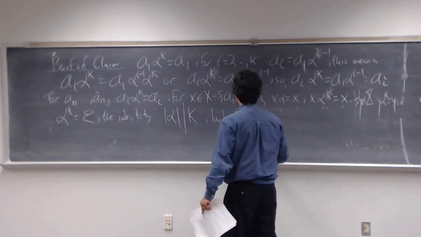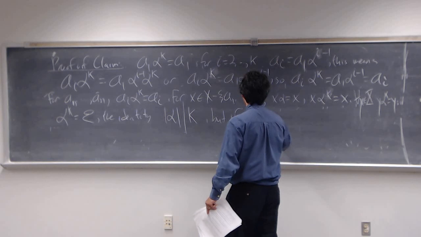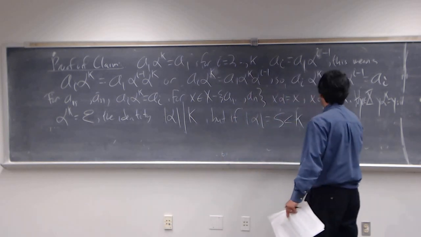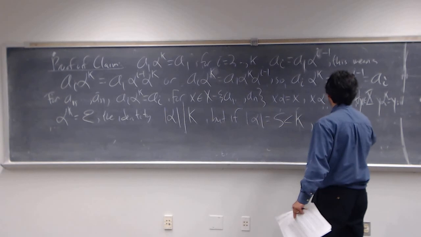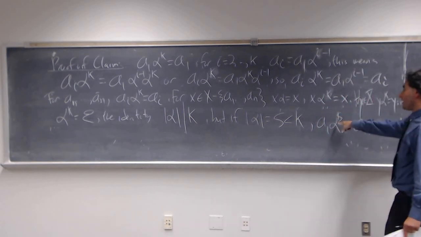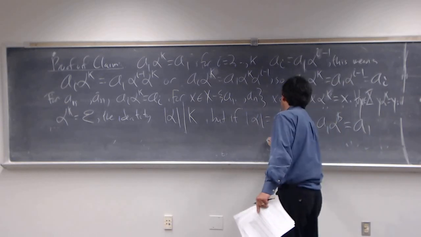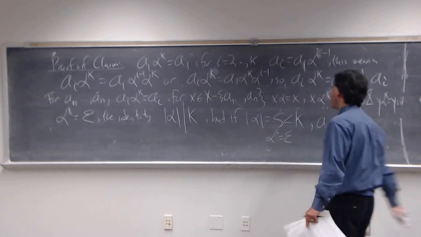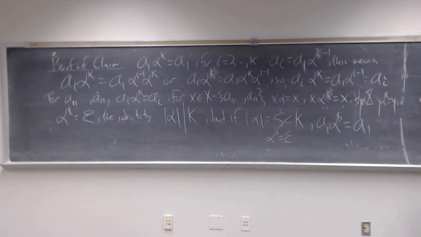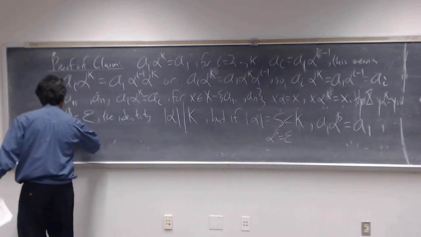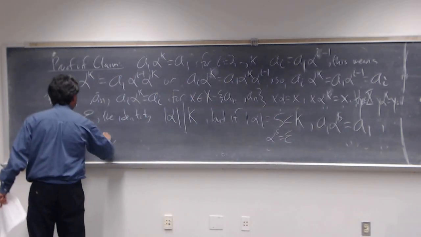But if the order of alpha is some S that's strictly less than K, we have A1 alpha to the S would have to take you to A1. Is that right? This really means alpha to the S would have to be the identity, in particular, right? Anything raised to its order gives you the identity. So this contradicts the way we get the length of the cycle.